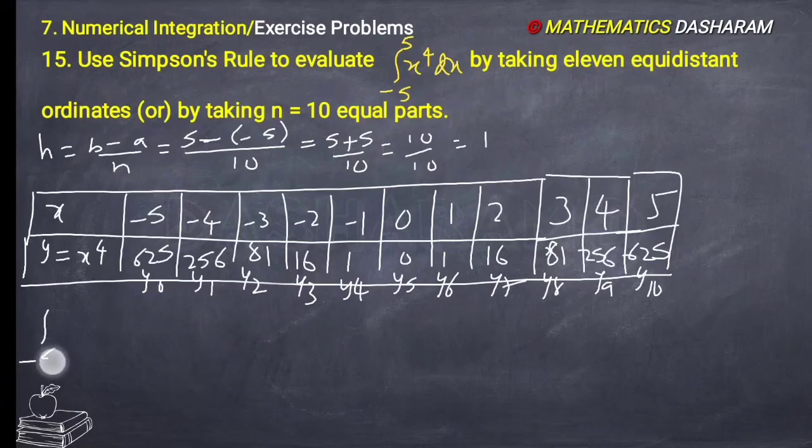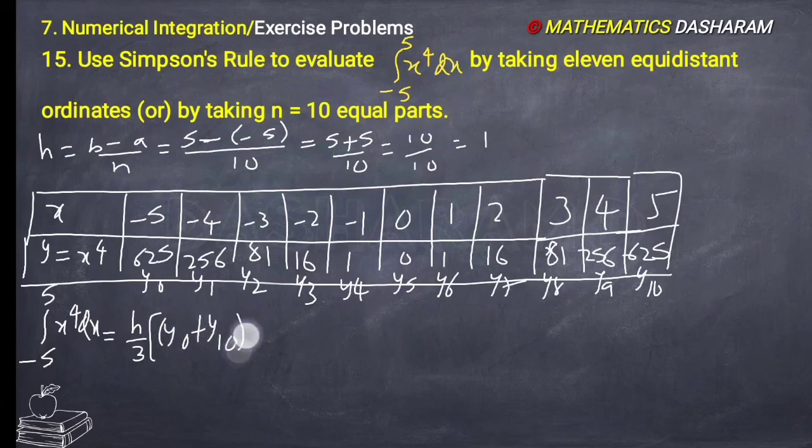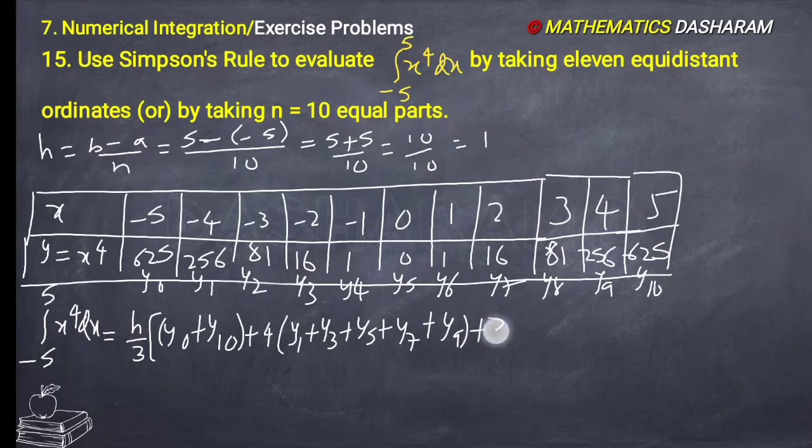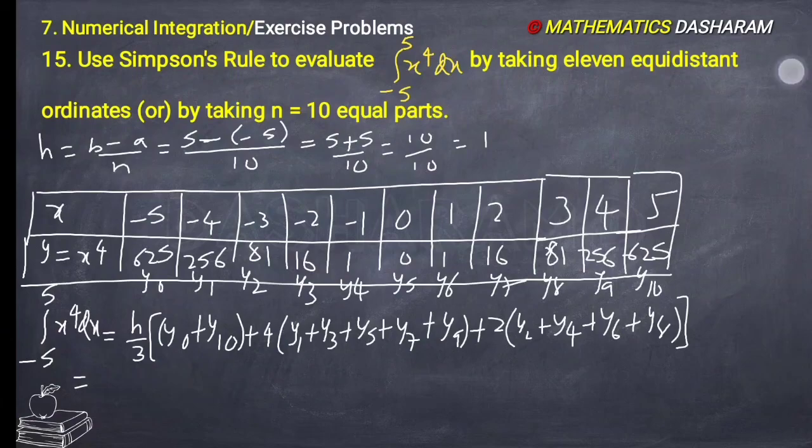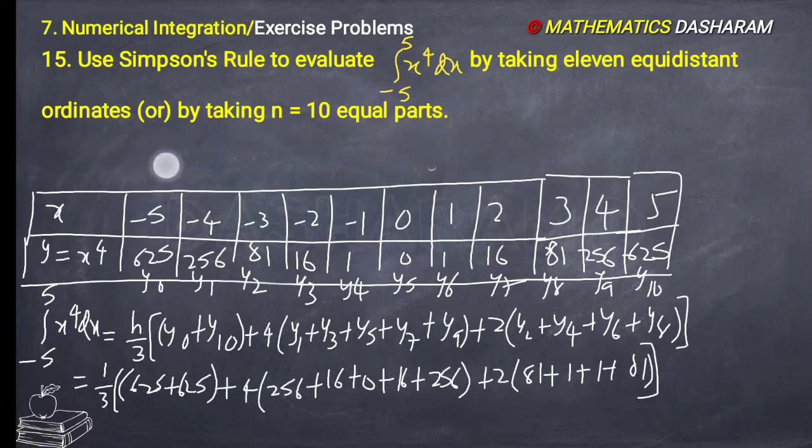So integration from minus 5 to 5 of x to the power of 4 dx equals h by 3 bracket of the first and last ordinates y0 plus y10, plus 4 into the sum of the odd ordinates y1 plus y3 plus y5 plus y7 plus y9, plus 2 into the even ordinates y2 plus y4 plus y6 plus y8. Now substitute the values.